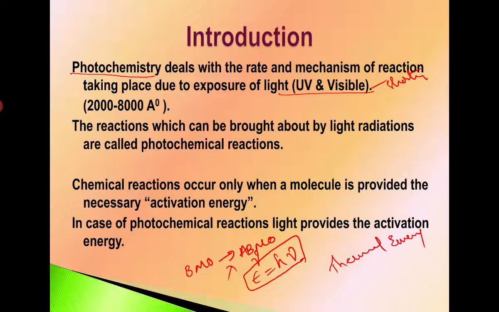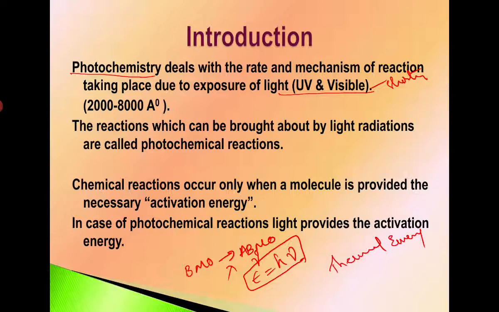This energy is sufficient to excite the molecules to higher electronic states. That is, the energy of visible light and UV radiations is sufficient to excite the electrons present in an atom or any molecule to higher electronic levels.